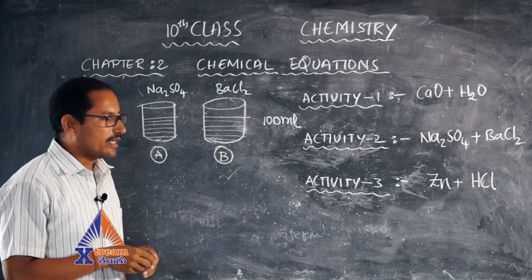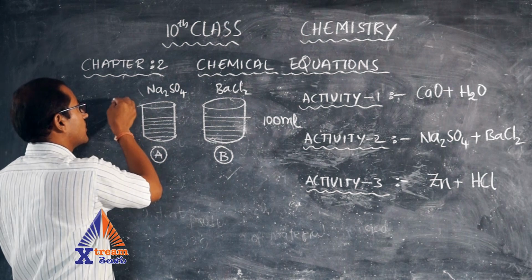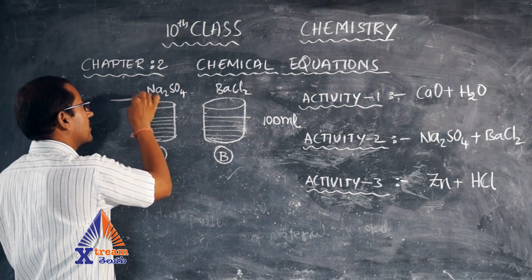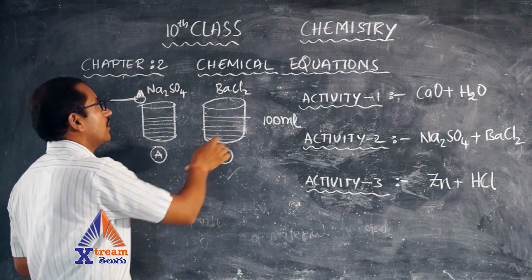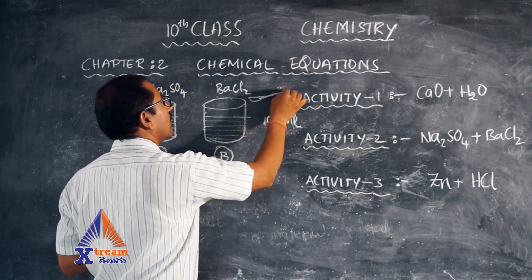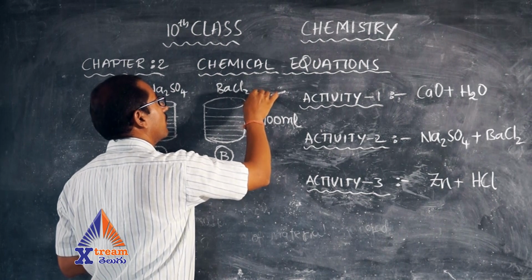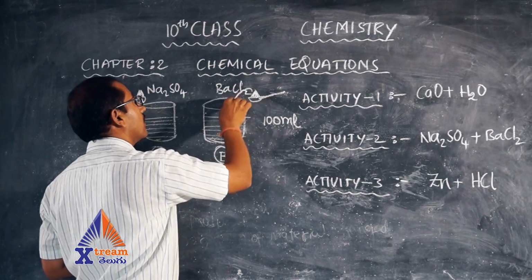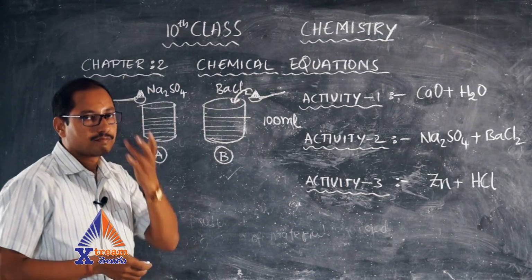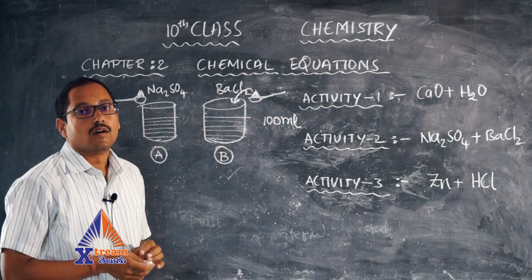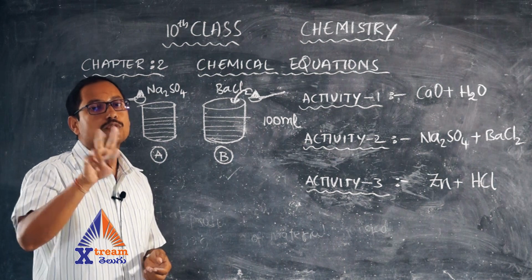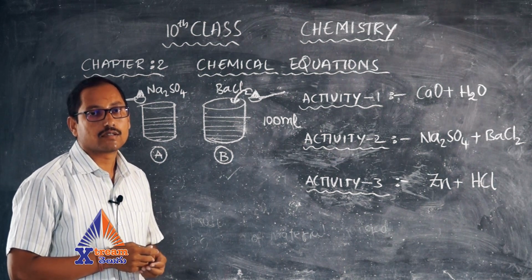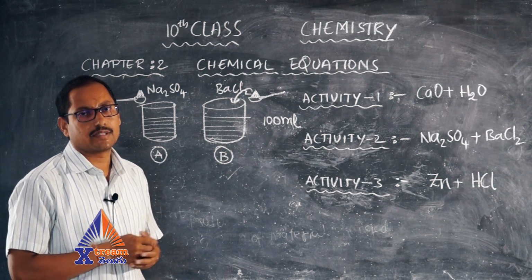So question number 1 is, as soon as you have added a spoonful of sodium sulfate here, and a spoonful of barium chloride into this water, what did you see? You see 2 solutions formed that are transparent, pretty much like water.